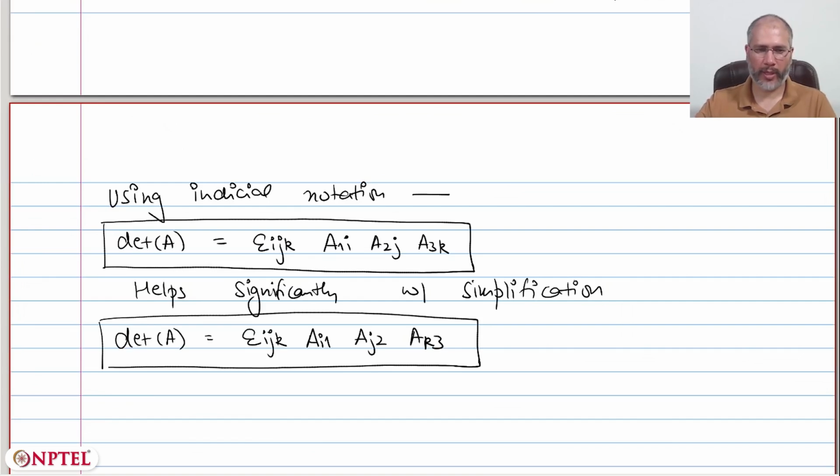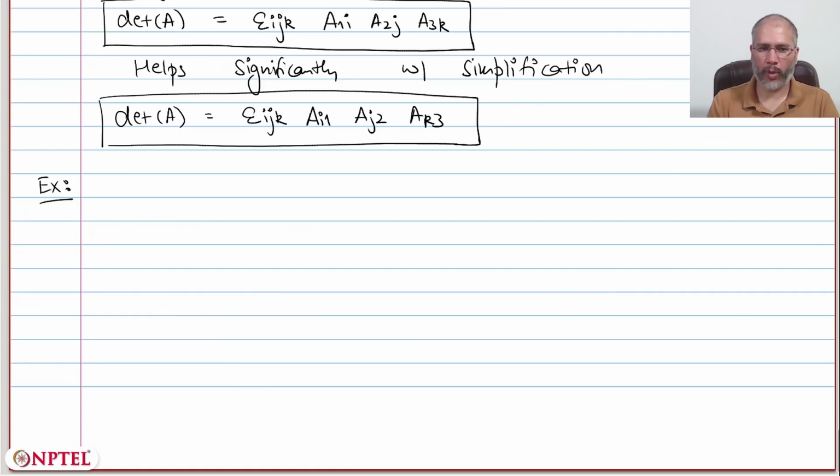So let's try out a problem. The problem says that if we swap any two rows of a matrix, the sign of the determinant changes. So we have to show this using indicial notation.